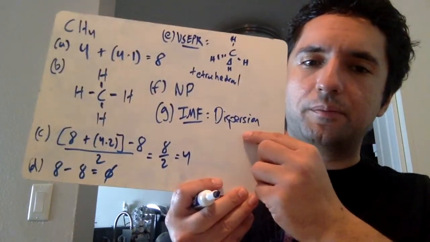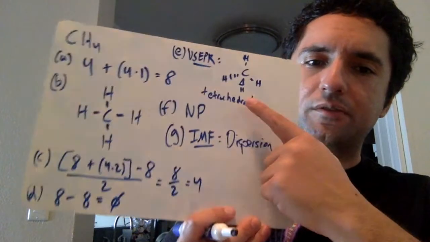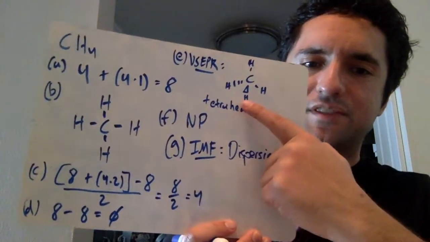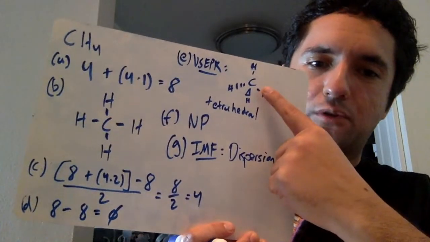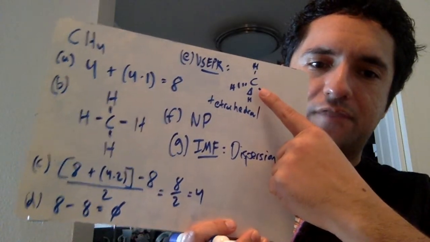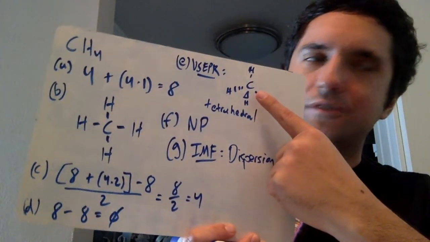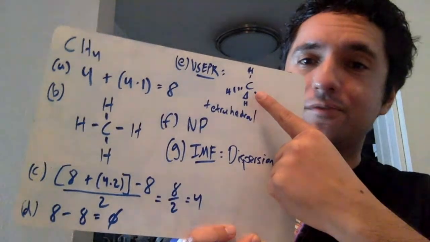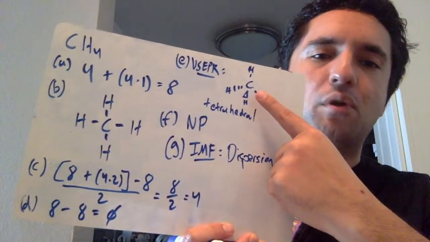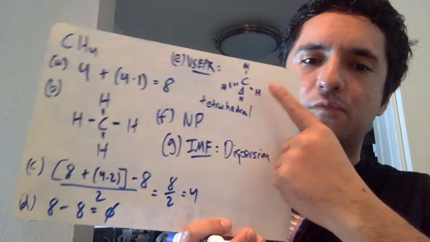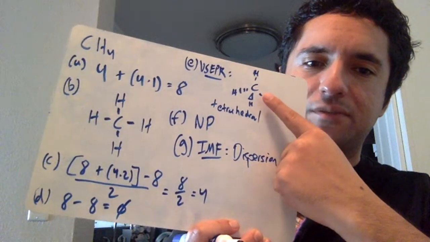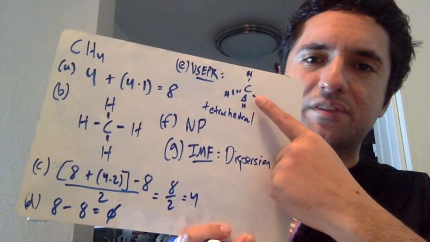Keep in mind, though, this is nonpolar because it's the same exact atom that surrounds carbon. If one of these was a chlorine, like this one my finger's on top of, or a fluorine or an oxygen, any other element, then there would have been polarity. Because if one of these was a different element, there probably would have been some lone pairs on here.